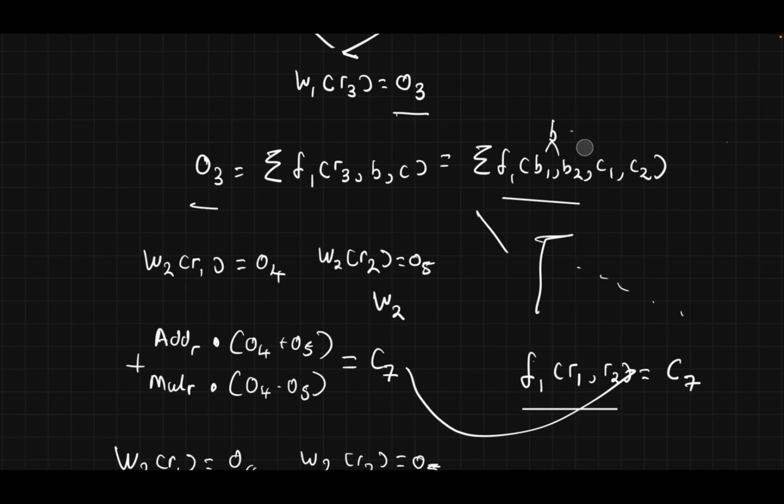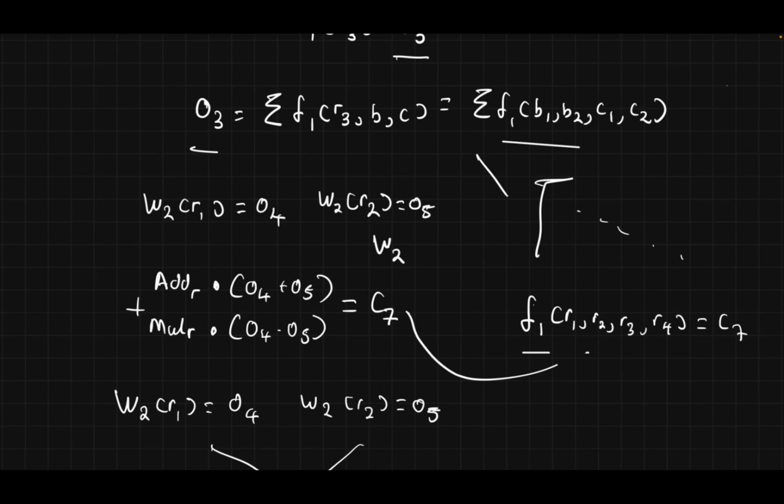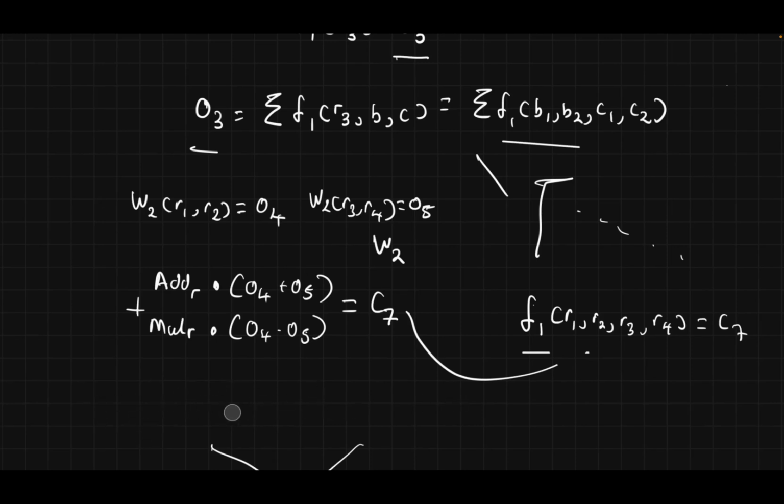So when you now run sum check, you're not going to get an oracle check that is just in terms of R1, R2, R3, R4, right? That's supposed to be equal to C7. So what the prover is going to give you is not just W2 of R1, it's going to be W2 of R1, R2, and it's going to be W2 of the others. But then everything is still exactly the same.